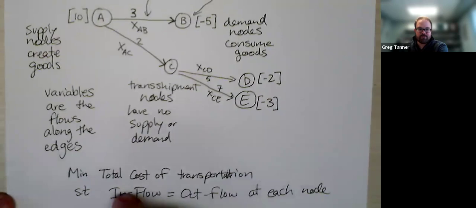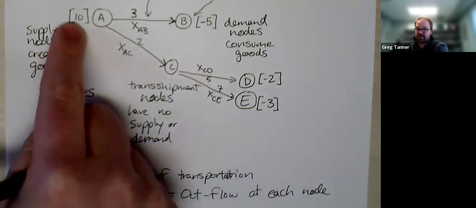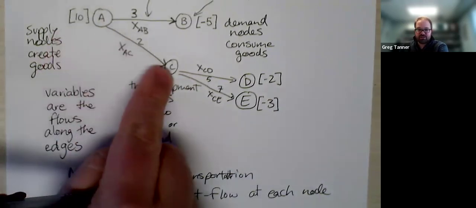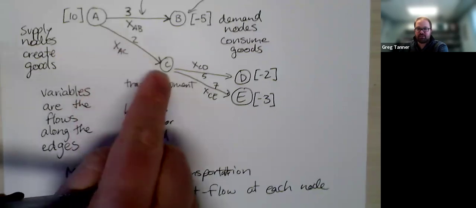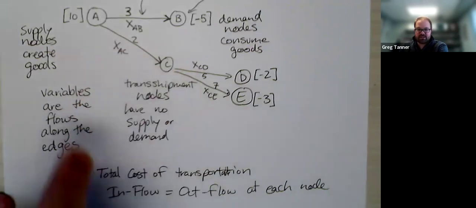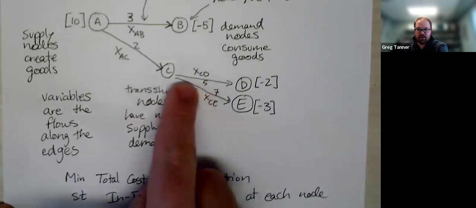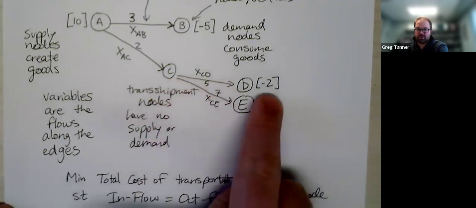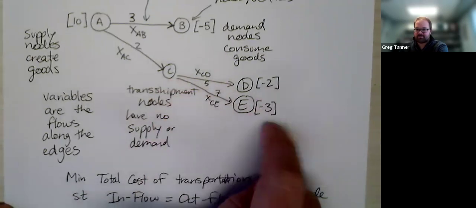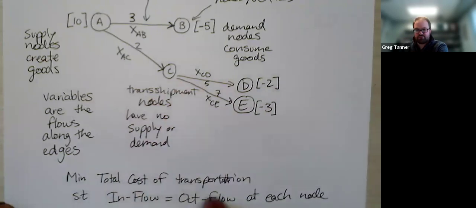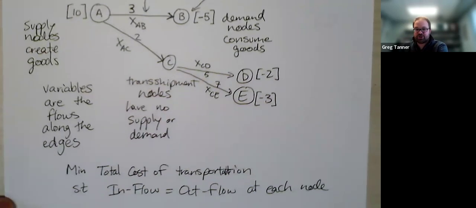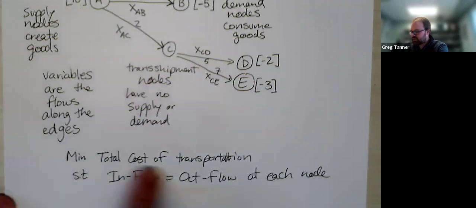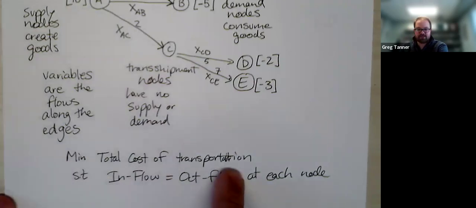Things coming in might be supply or edges. So this edge XAC is coming into C. Things that go out are edges or demands. We'll essentially balance this equation at each node, and we want to minimize the total cost of transport.